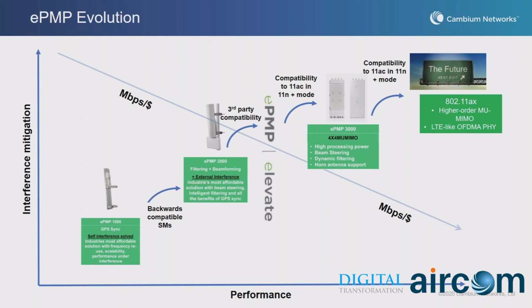And in terms of the IEEE standard, ePMP 3000 is an 11AC product, whereas ePMP 1000 and ePMP 2000 are the 11N standard. On the roadmap, we have also scheduled a product for the 11AX, and maybe most of us may have been reading things.